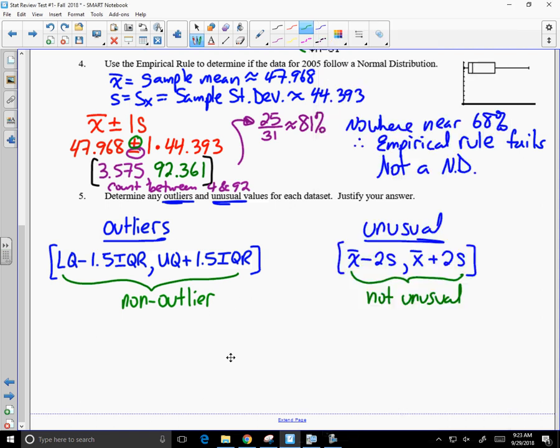So let's focus on outliers for a second. We got 1970 and 2005. This is kind of misleading. Justify your answer. I don't need an essay.